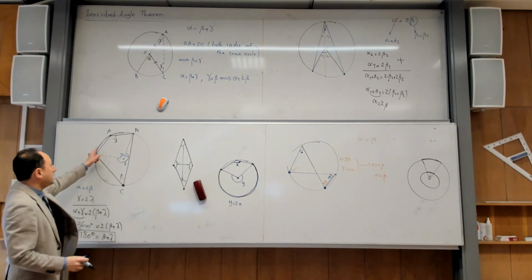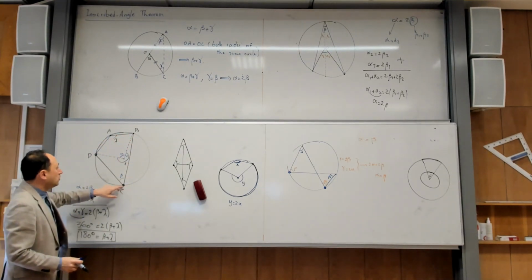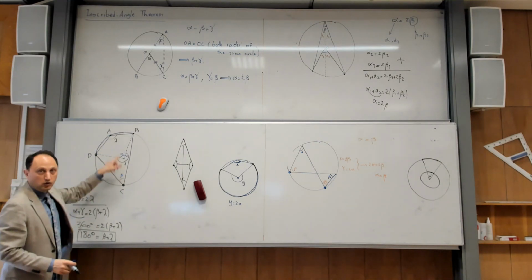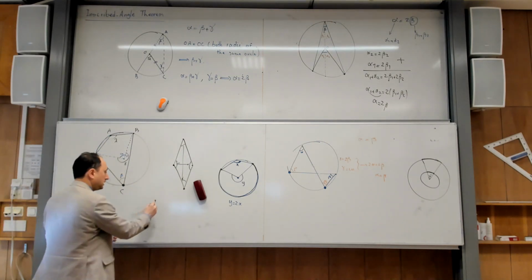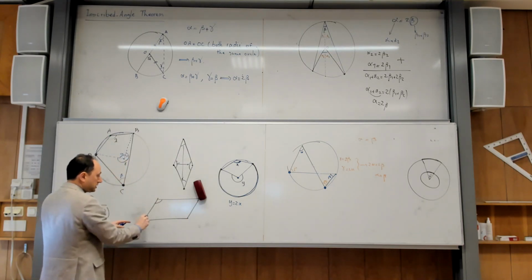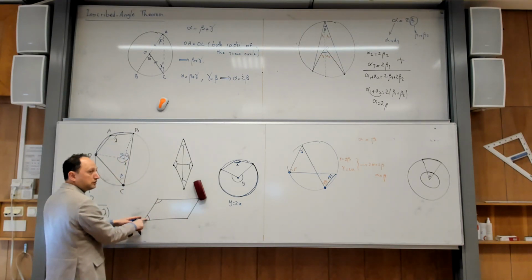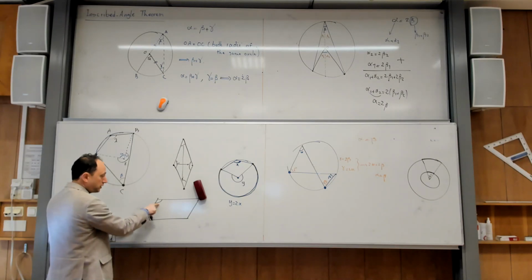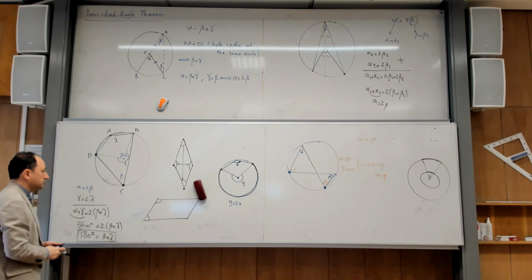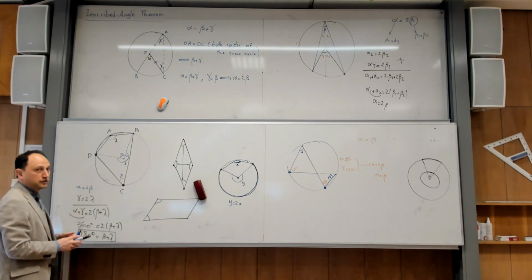But if I have this scenario that all of them are on the circle, then yes, that is always true. For example, in a parallelogram, I know this one plus this one is always 180. But this one plus the opposite one, it is more than 180 in that case. So remember, don't get confused.